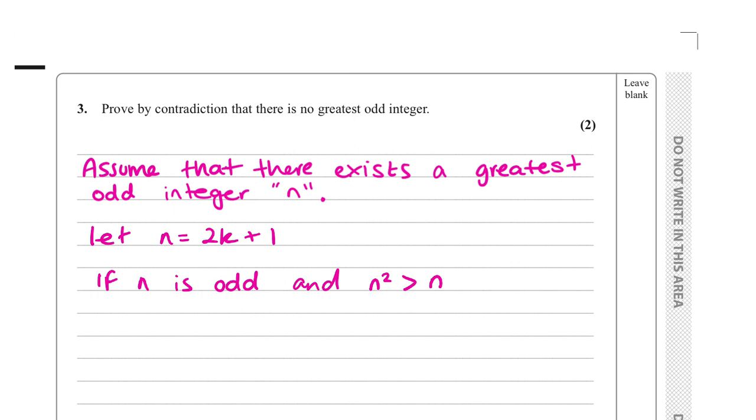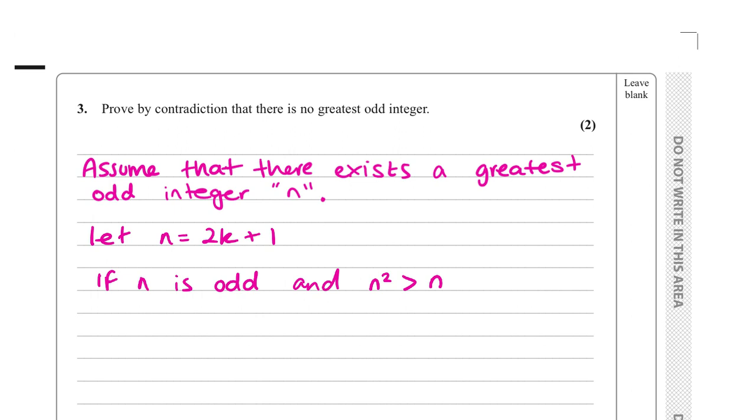Is this true for all numbers? No. But we're saying if n is odd and n squared is greater than n, not or, because remember this wouldn't be true for fractions. So we're now stipulating something. We're actually putting a fact out there. We're saying for this case right now, if n is odd and n squared is greater than n. Because n squared would only ever be greater than n if we're dealing with whole numbers.